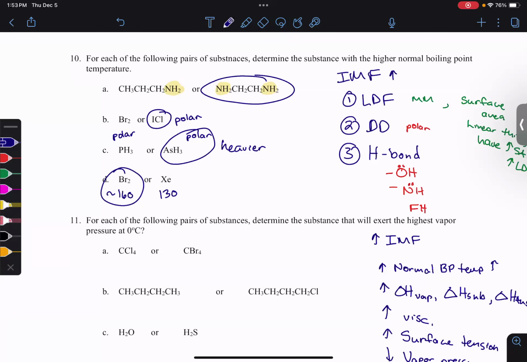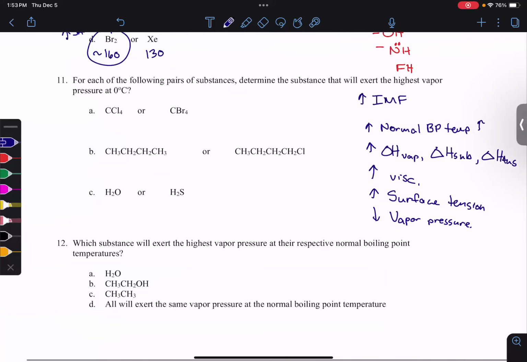Also, bromine is heavier, but it also has more surface area. It's a linear molecule, so that also adds to its increased intermolecular forces. All right, so the mass and the surface area of it. Perfect.